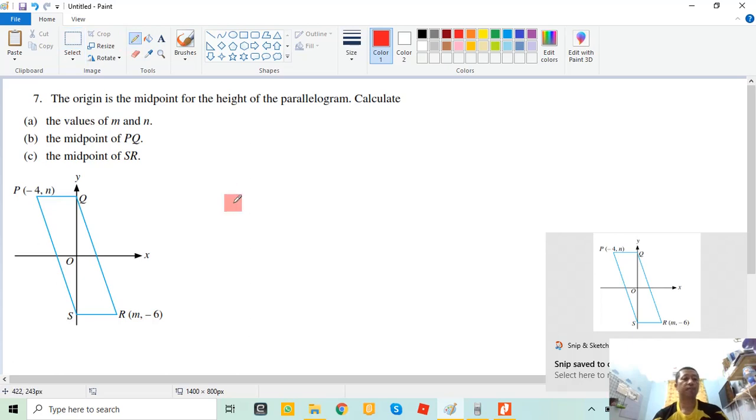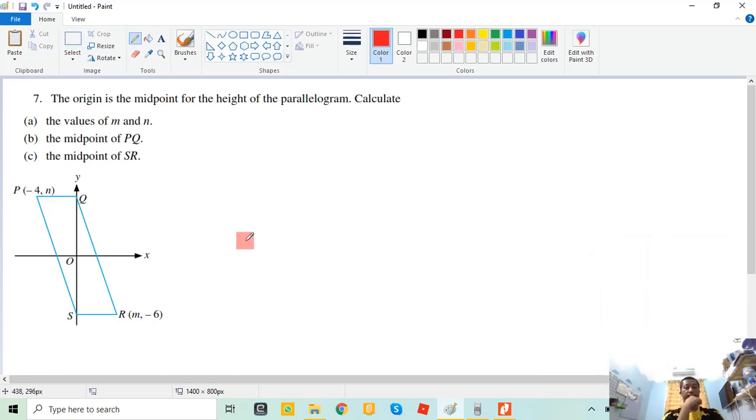Okay, so question number 7, the origin is the midpoint for the height of the parallelogram. Calculate the values of m and n.